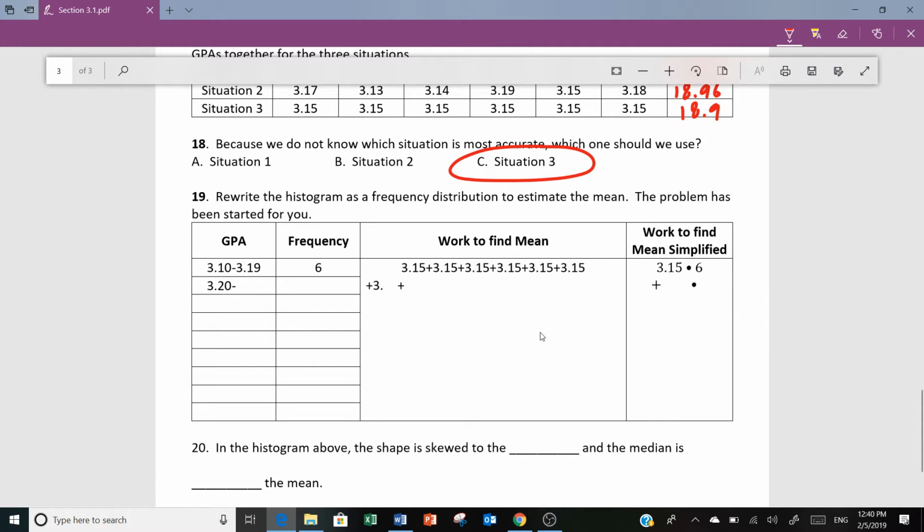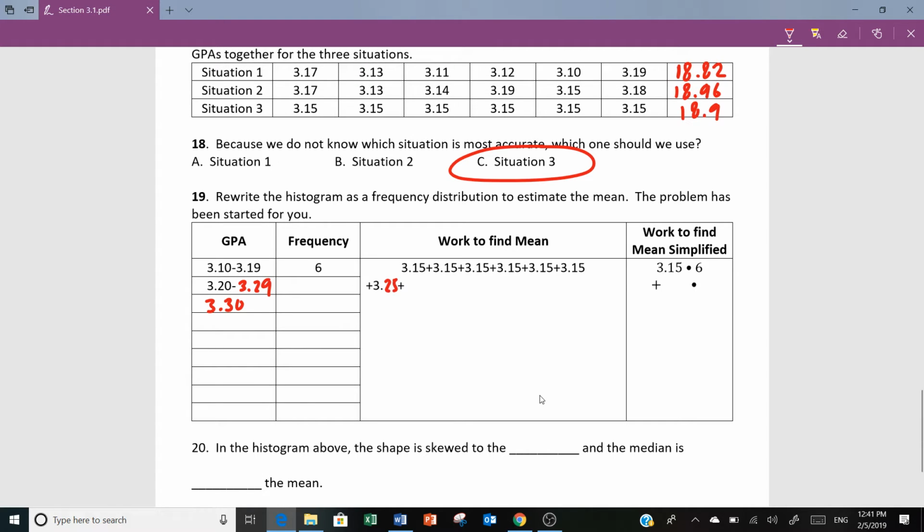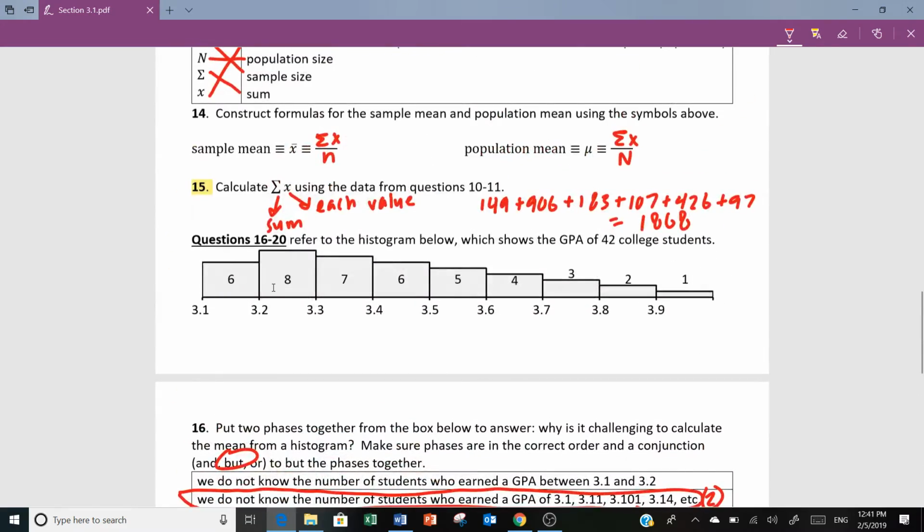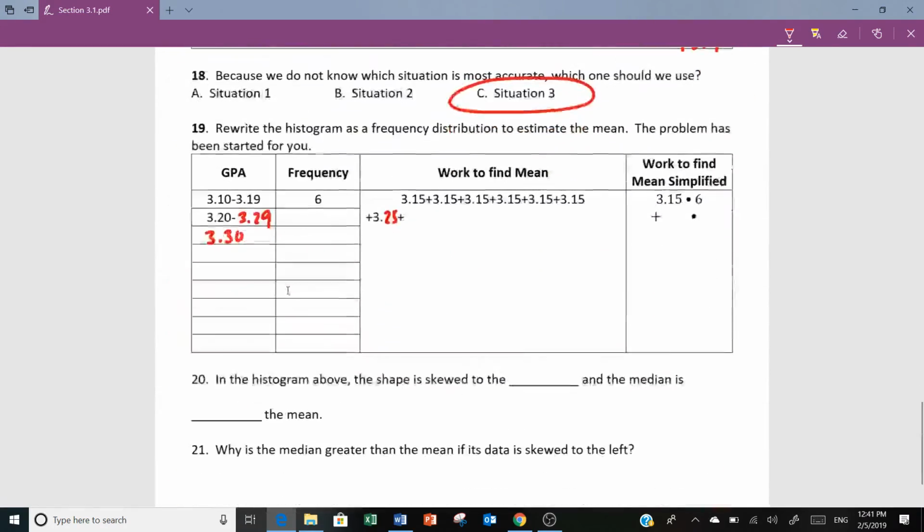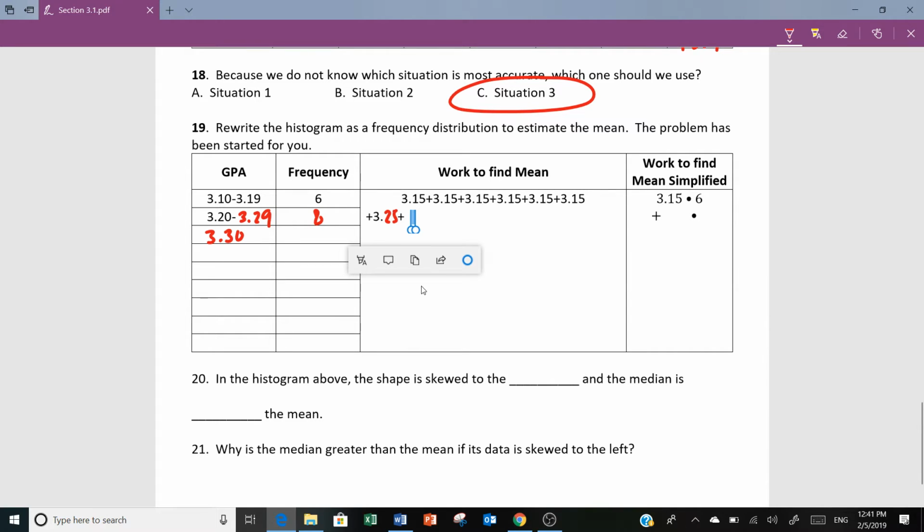Okay, well, remember that this one's now going to be 3.30, so that makes this one 3.29. Who's going to be the representative between 3.2 and 3.3? 3.25, good. So to finish this up, we needed 3.25, and our frequency was 8. There were 8 values between 3.2 and 3.3. So how many 3.25s am I adding together? 8 of them, because there were 8 people between those two numbers.